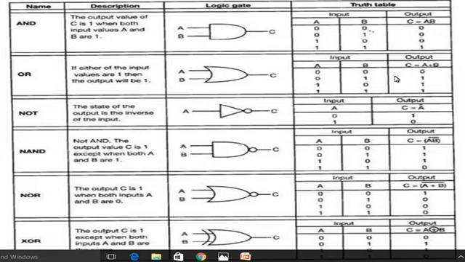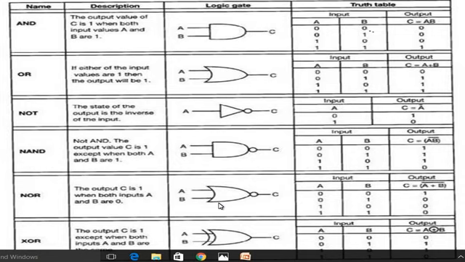What about the next gate? This is NOR gate. This is also a combination of OR and NOT. In the same way as AND and NOT, this is another gate. Therefore, you can see the bubble on the output of the OR gate. So the truth table of NOR gate and OR gate is exactly opposite.